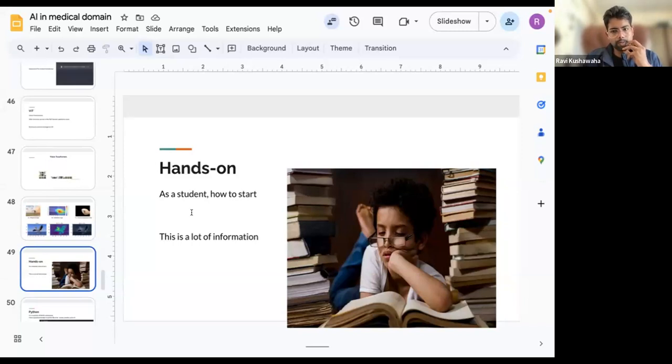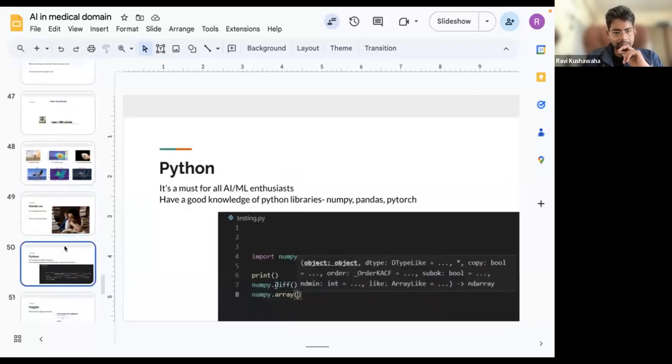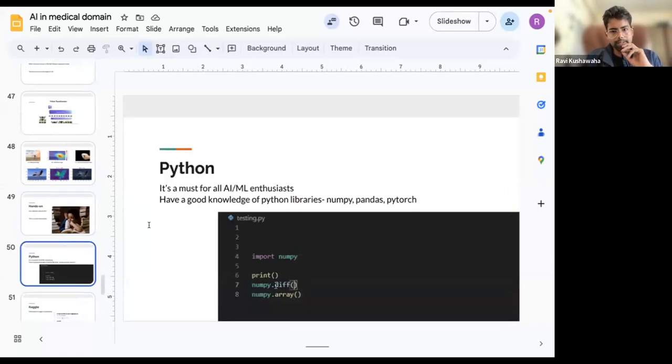This is a lot of information to digest and will also require a lot of effort from your side. But what are the basic steps? How will you start working on these topics? So the first thing is Python. It is absolutely necessary in today's field, be it academic research or industrial research. You have to be very good in Python.